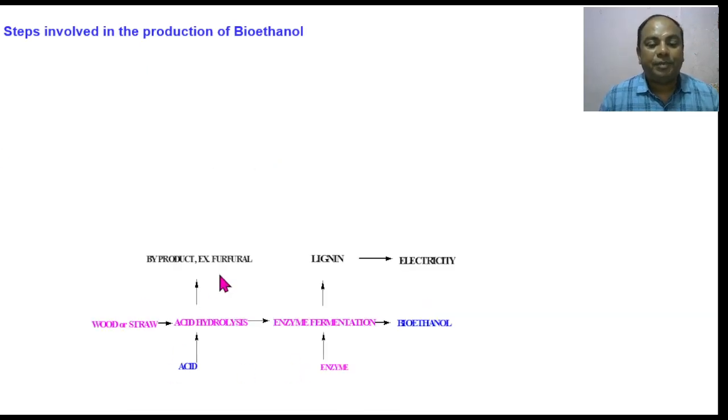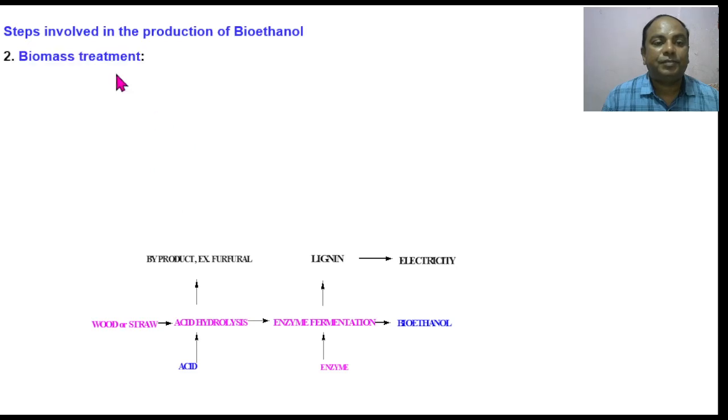Now the next step is the biomass treatment. When you look at this flow chart, this is the wood as a raw material, or this is the biomass as a raw material. This is first treated to make it into smaller pieces, for our convenience, because for any process it should be of smaller size so that we can handle it properly.